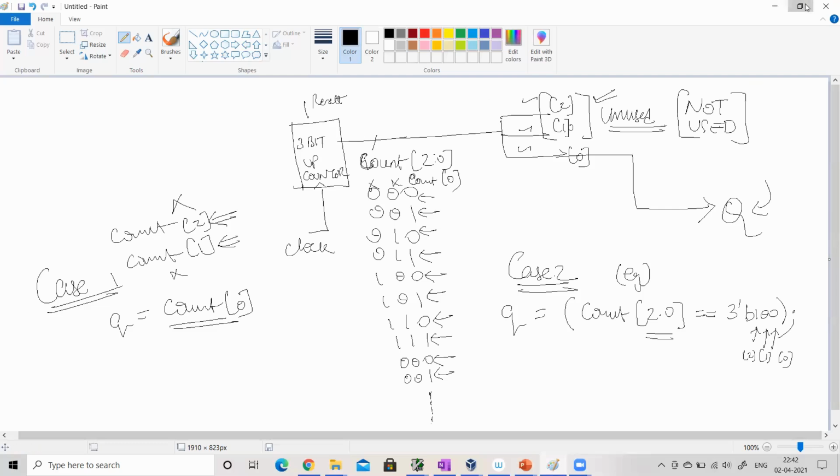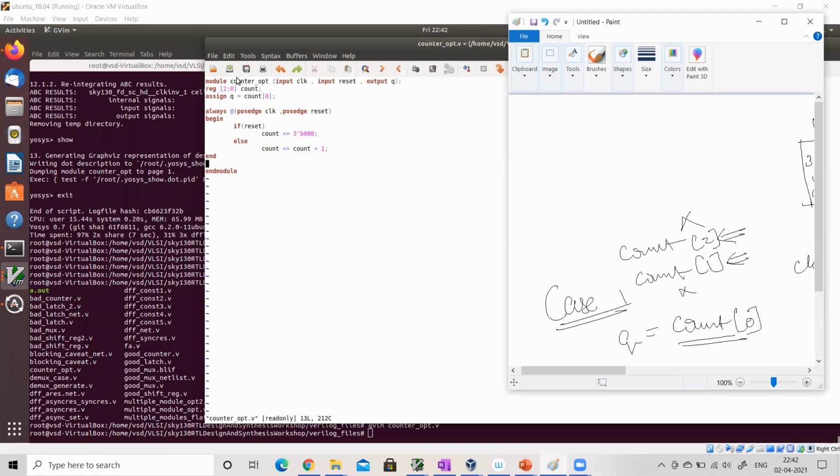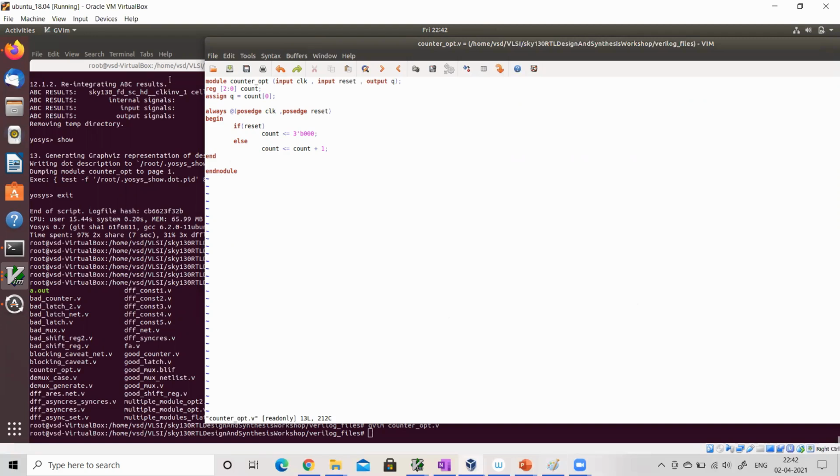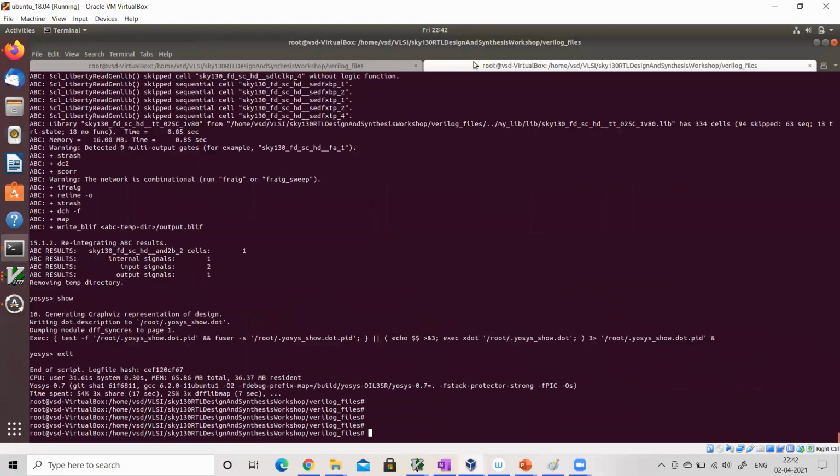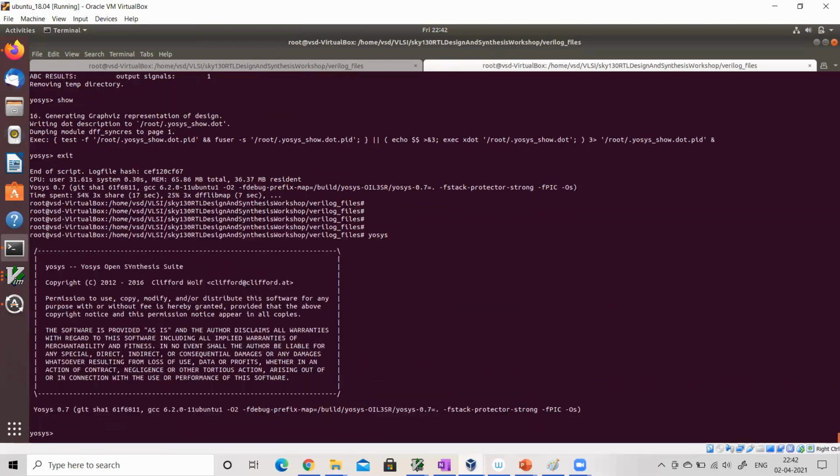Now let us see what this is, what I'm seeing in the code. Let's see what happens if I synthesize this. So I'm going to launch the Yosys for synthesis first. The moment we launch the synthesis, we will read our liberty, mylib.lib, sky130.